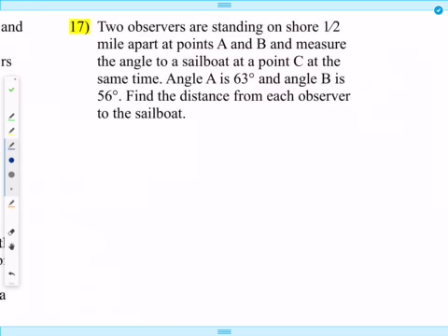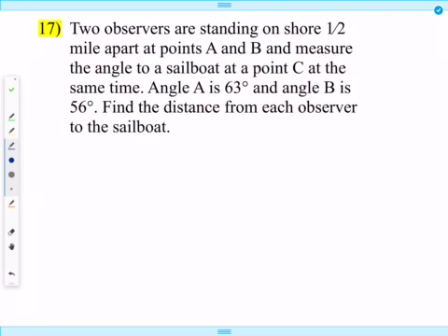Okay, so this picture, as we draw it, we've got two people. They're at points A and B, and they tell us that there's half a mile between them. And they're looking out here at the sailboat.